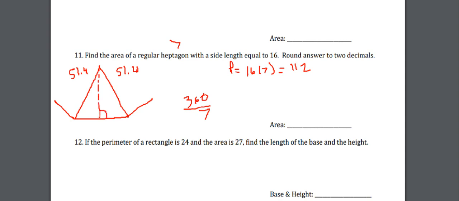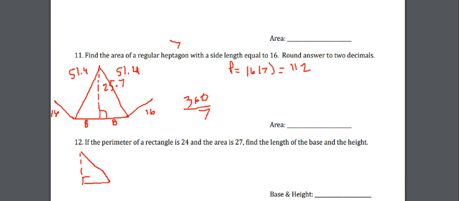So we're taking that 51.4 and dividing it by 2, and we're going to get about 25.7. Again, we'll round it to the nearest tenth. And this side length, which was 16, gets cut in half to be 8 and 8. Okay, we have our right triangle.